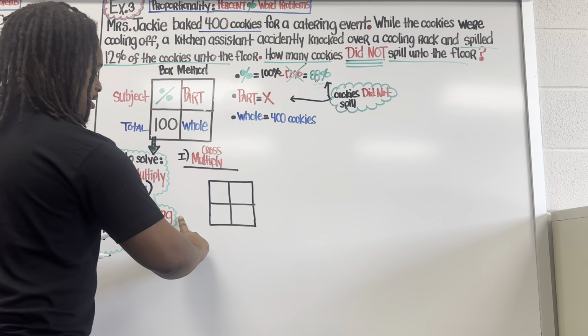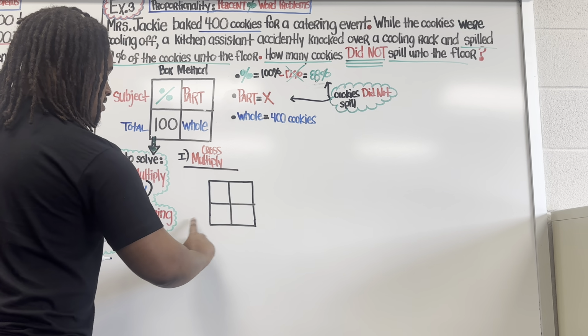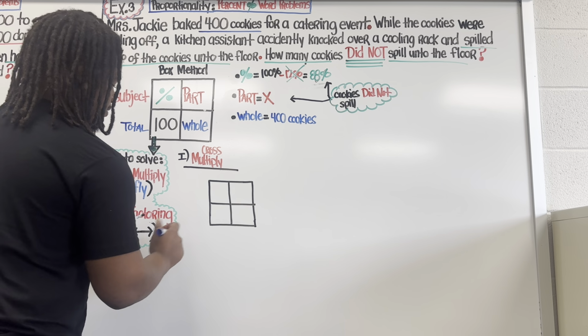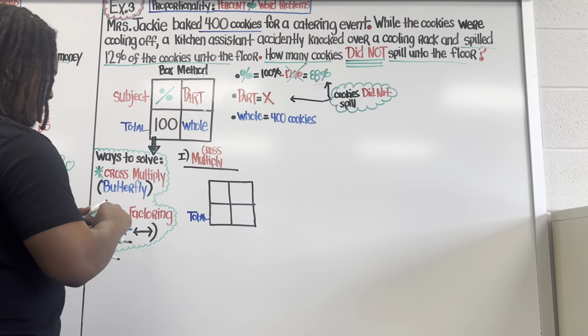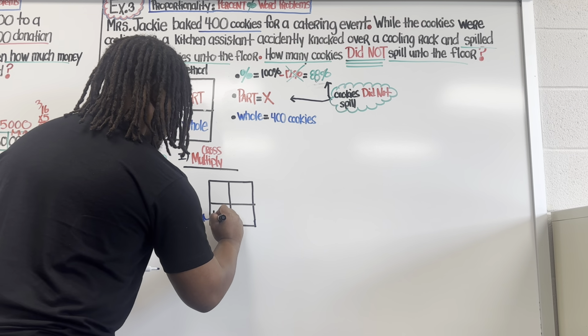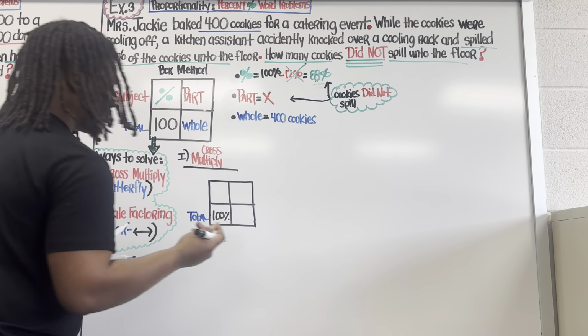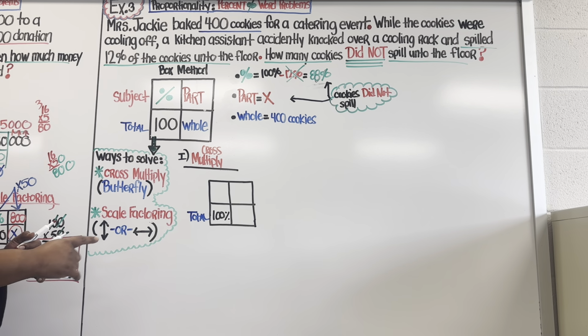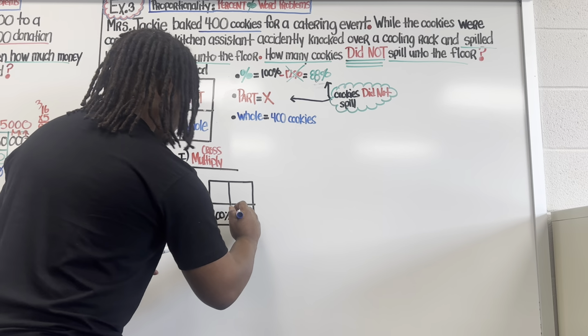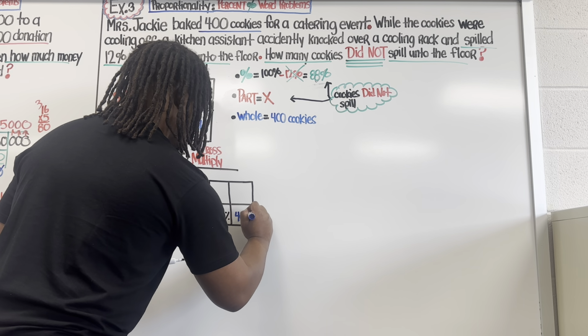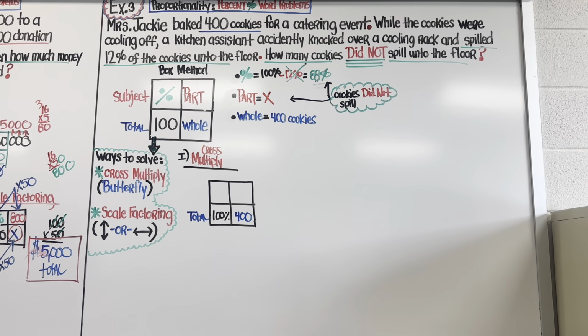So remember, guys, the bottom row always represents the total, right? The number that represents total is 100, right? 100%. The 100 actually means 100%, but I just put 100. And the total number of cookies that were baked were 400, right?